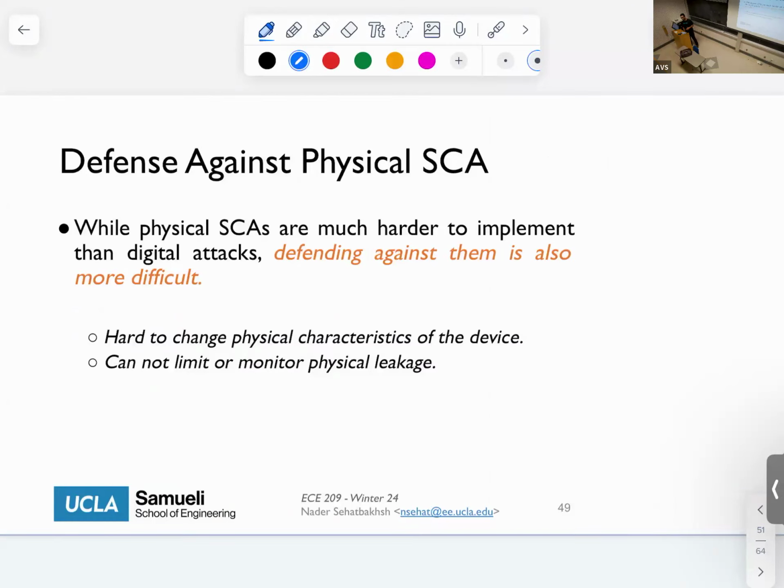The reason is that physical side channels are rooted in physical characteristics of the device and they cannot go away. You cannot change the system to not transmit or leak. So you cannot really change or eliminate the source of side channels, versus in many of the digital ones, you can actually remove it by designing your system better.